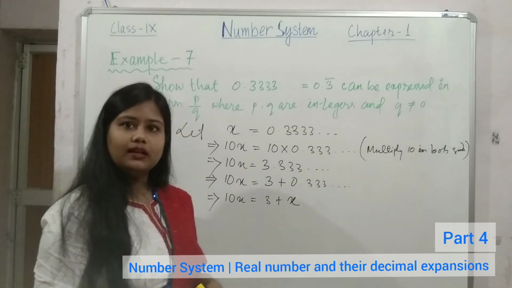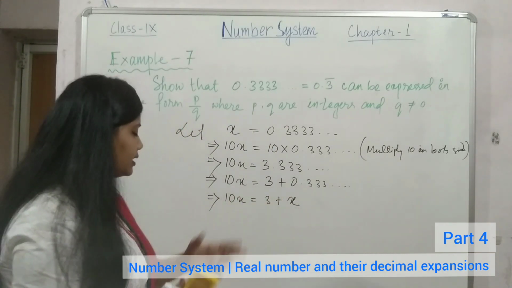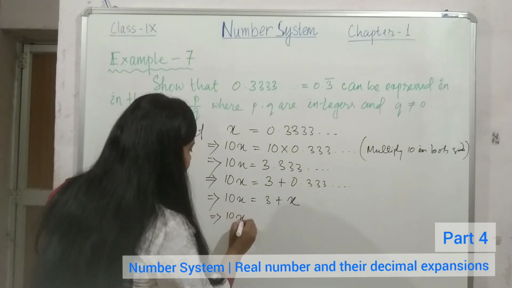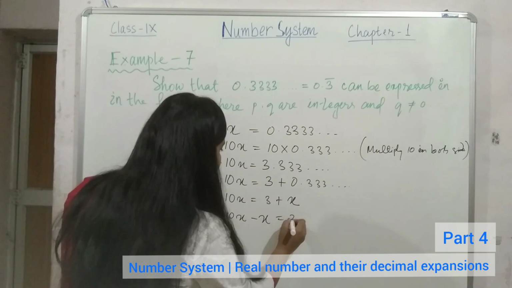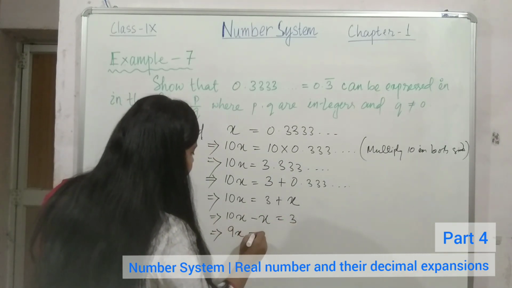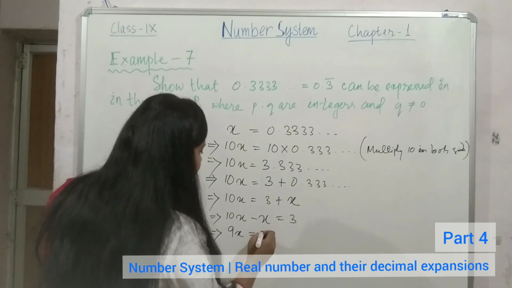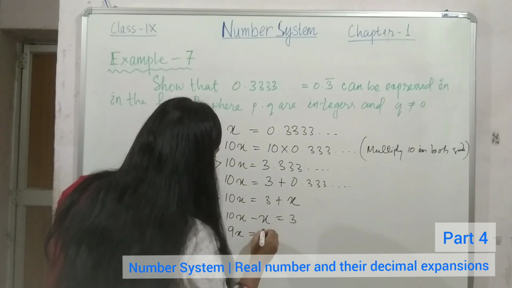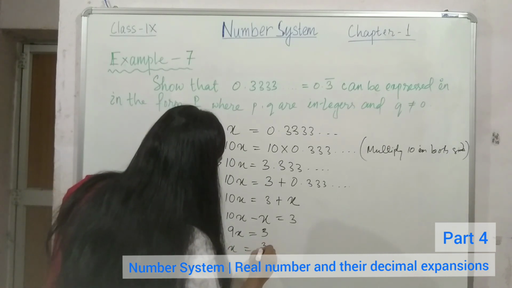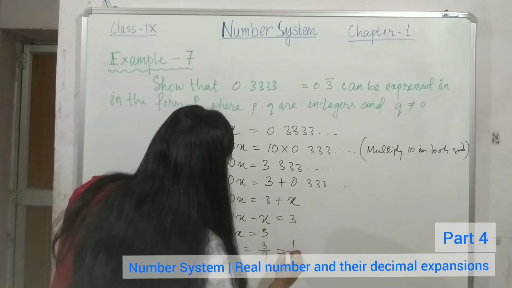Now let us rearrange the terms of the equation: 10x minus x equals 3. You all have studied solving equations in class 8. So 9x is equal to 3 and x is equal to 3 by 9, that is 1 by 3.